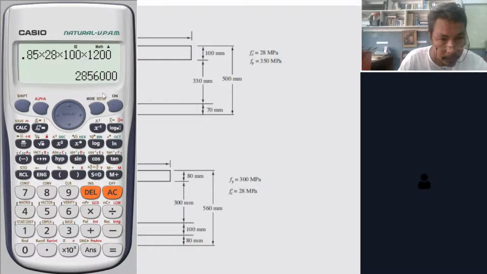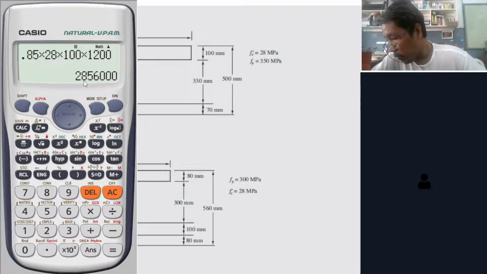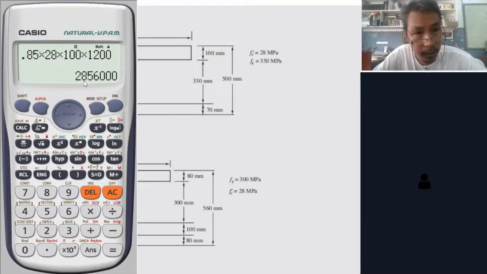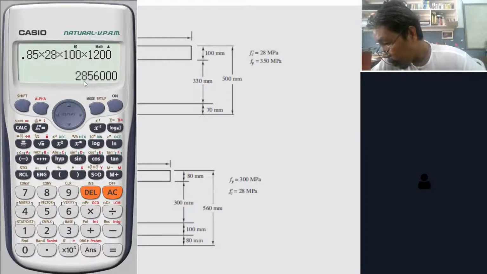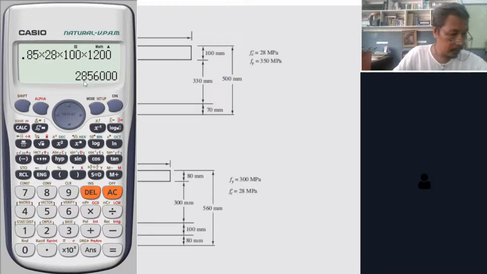This is 2,856,000. That is a very large amount.